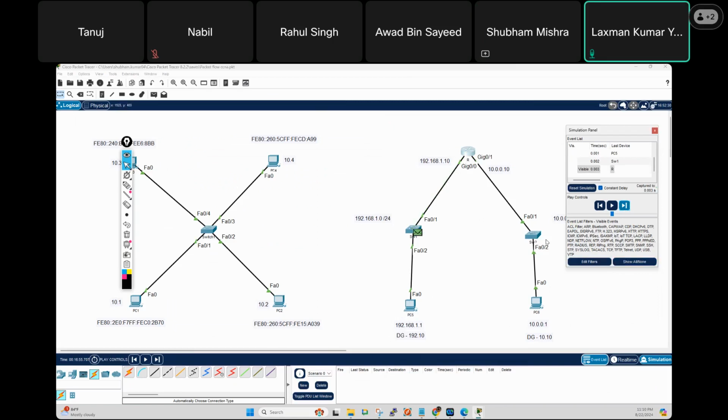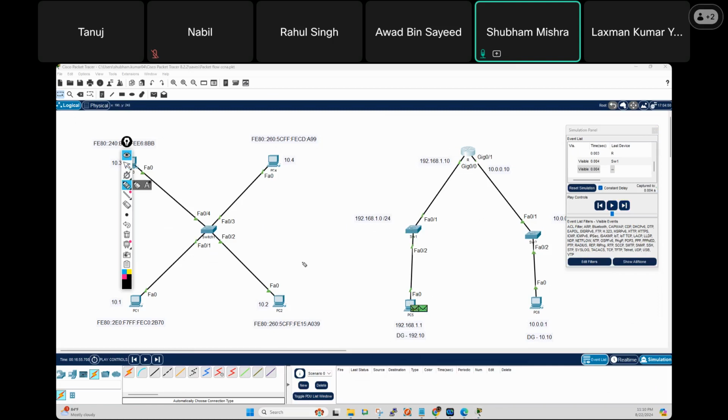Okay. So I think in the previous class I told you ARP packets always flow in the same LAN, right? So again this ARP reply packet reaches the switch. Now this packet will reach the PC. What will PC number 5 do now?